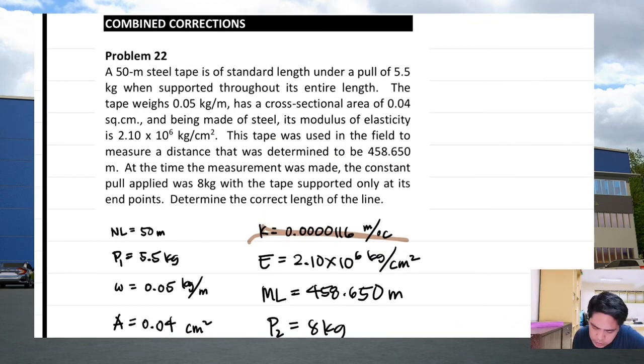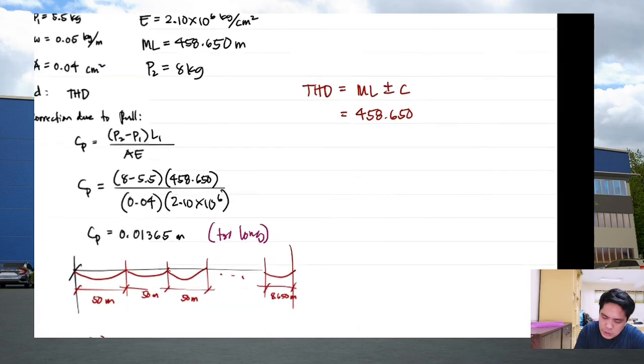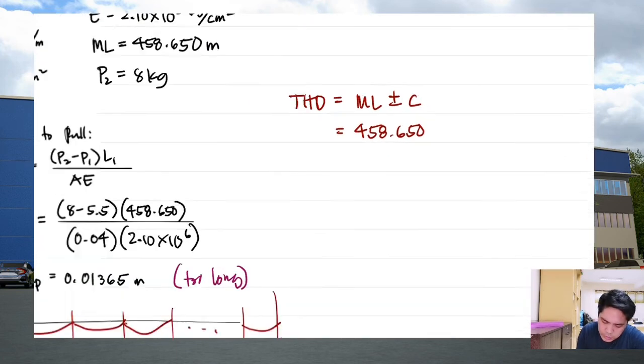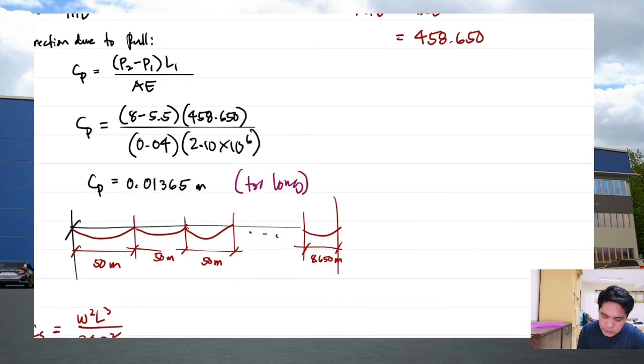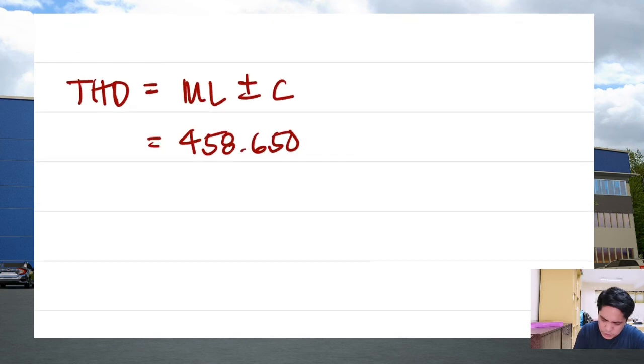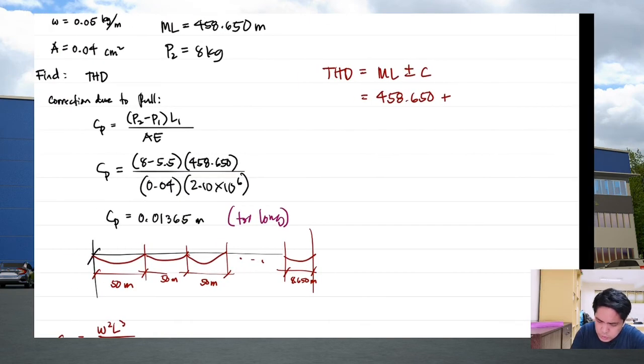Then, remember that we are measuring. So, okay. To measure a distance. So, the problem is about measuring, and we have a correction that is considered as correction for too long na tape. So we add that. So plus the correction due to pull.